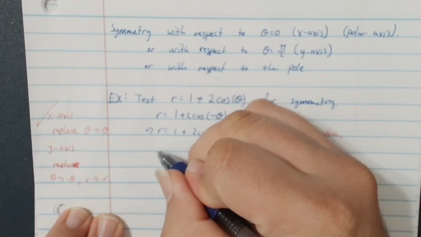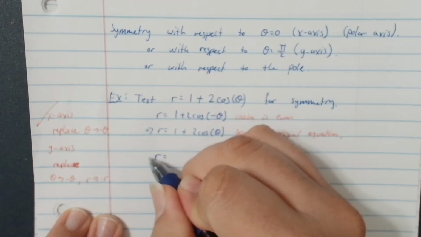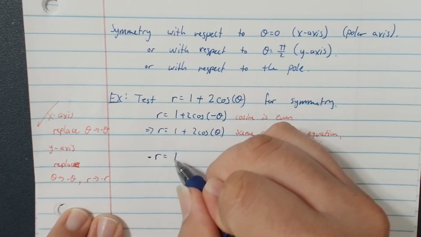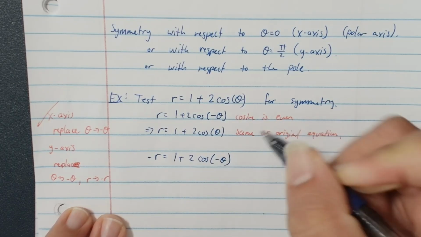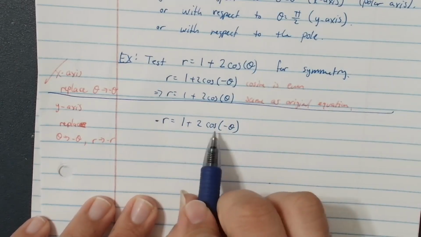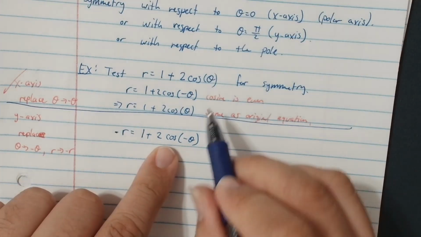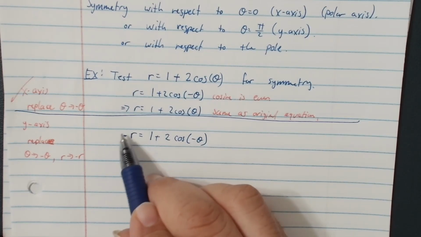So here, r becomes minus r, and we have 1 plus 2 cosine of minus theta. That's our second test. Because you have an even function, just like above, the negative inside the cosine can be ignored. But the negative on r can't be ignored.